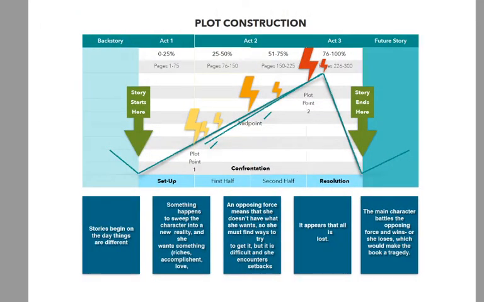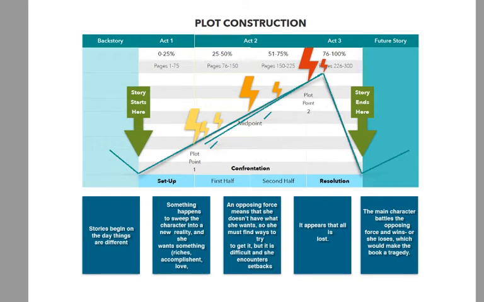Then we have confrontation and we have rising tension. So there's an opposing force that your character has to face, and that may be an obstacle or a challenge, but basically the opposing force gets in the way of your character achieving their goals.